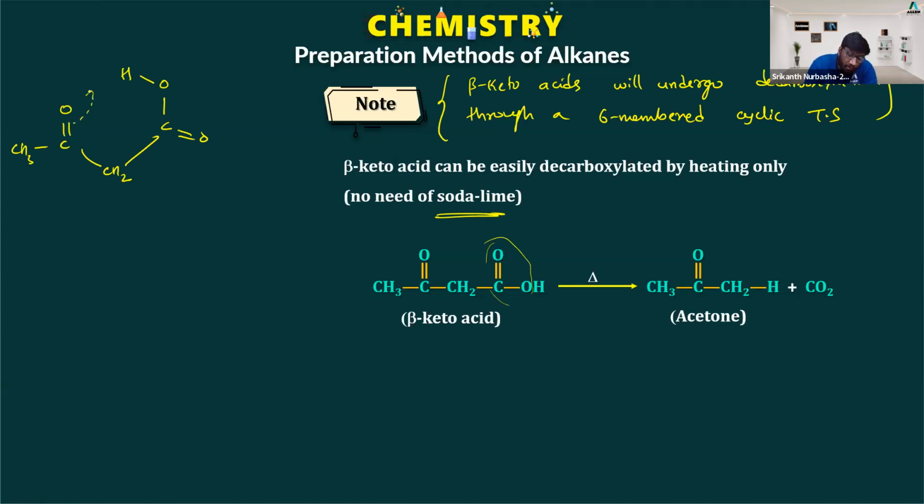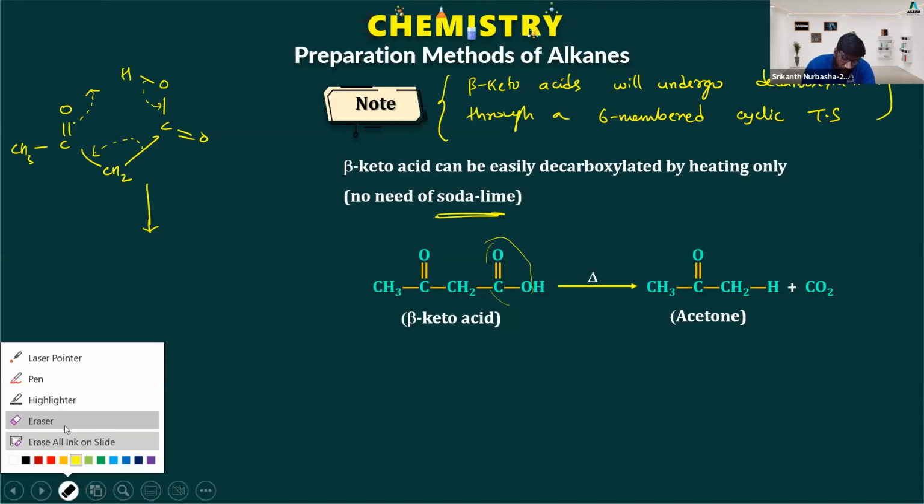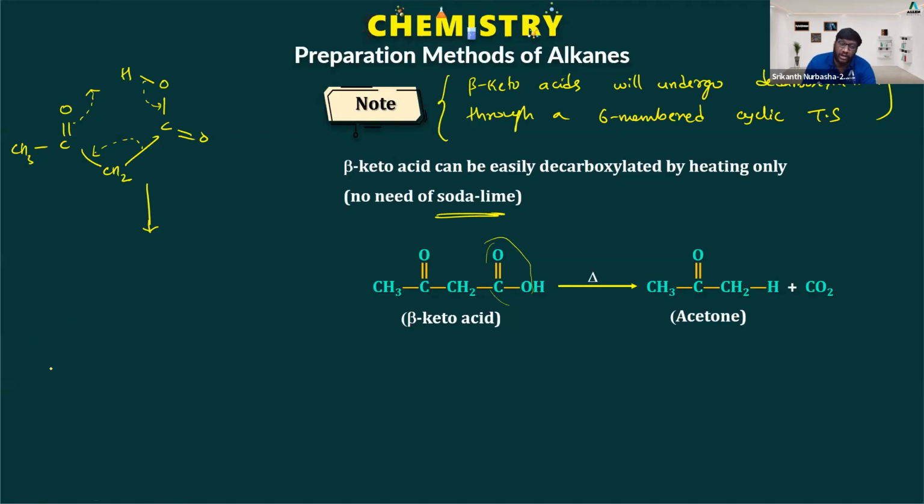The OH electron density is given to this particular carbon. The carbon-carbon single bond electron density is going to shift in this manner. So we have a lot of electronic rearrangements happening, and we have a transition state in this manner. In the transition state, we can include the bonds about to be formed and the bonds about to be broken using dotted lines.